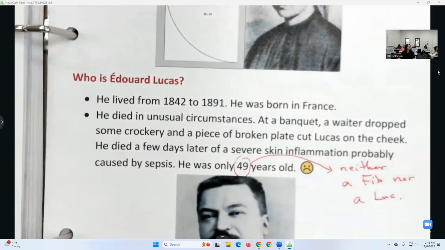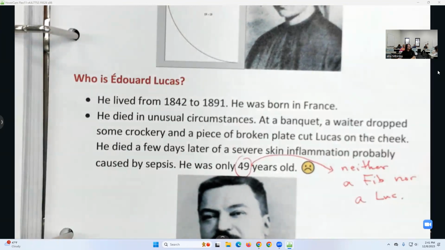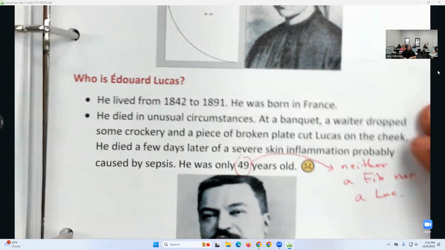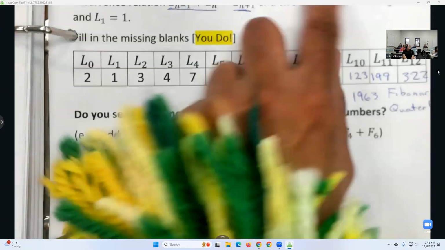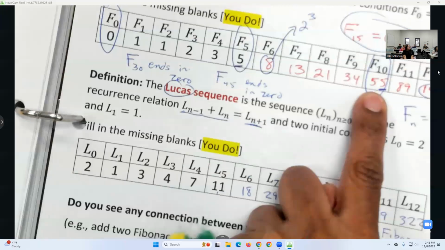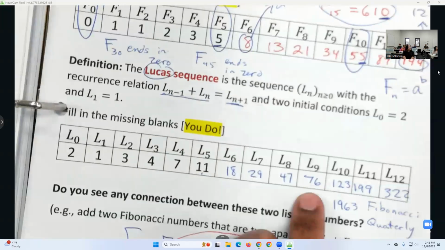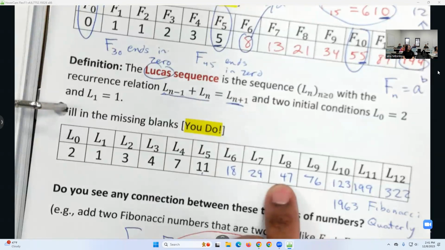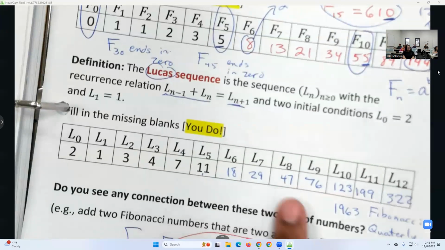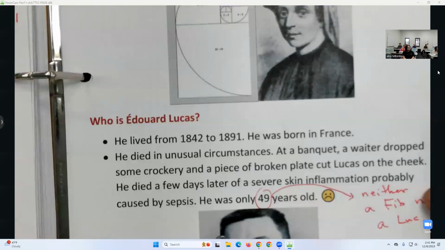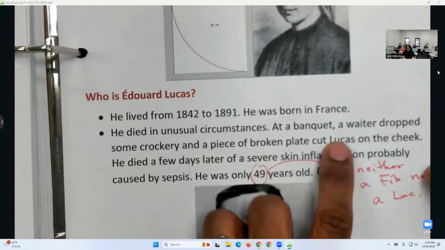So that was the real tragedy. I mean, he should have died at the age of 55. But no, that's not even his sequence, that's Fibonacci's. He missed it by 2 years. Oh well.